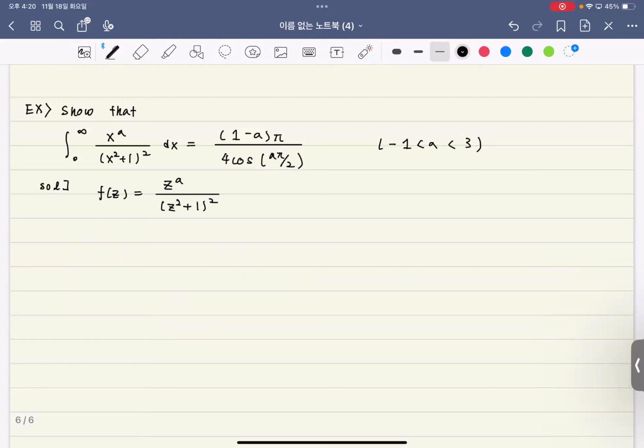But which branch? This is a very important question. I say the numerator is a times ln of z.